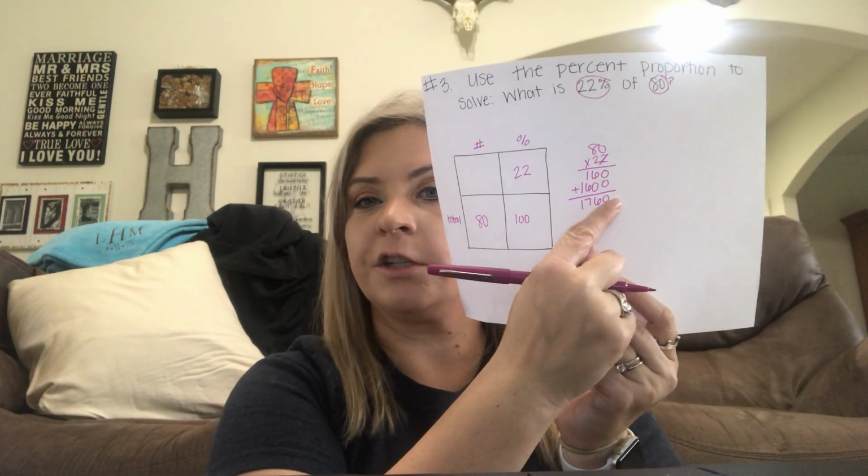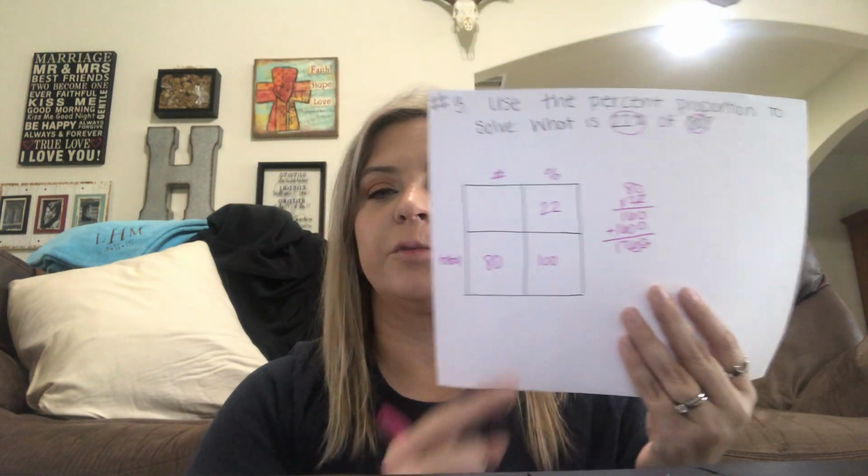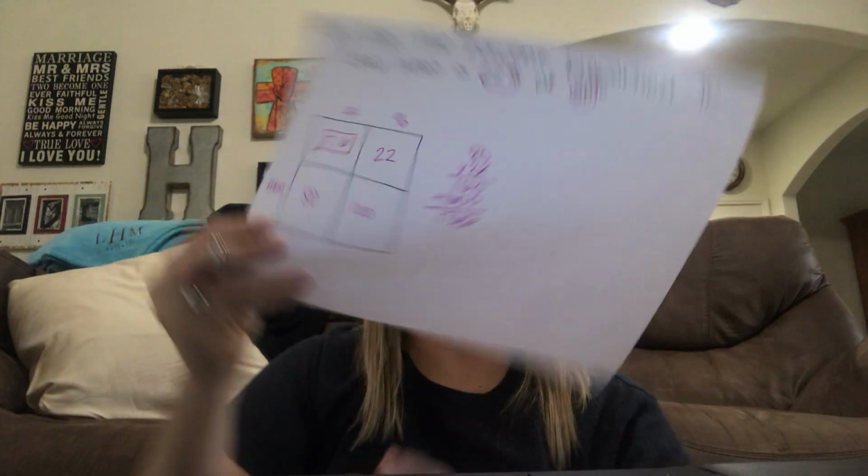So there's no decimal here, so I'm going to place it at the end. And I'm going to move it 2 places to the left. Its new location is now between the 7 and the 6. So my answer is 17.6. And that's what I was looking for.